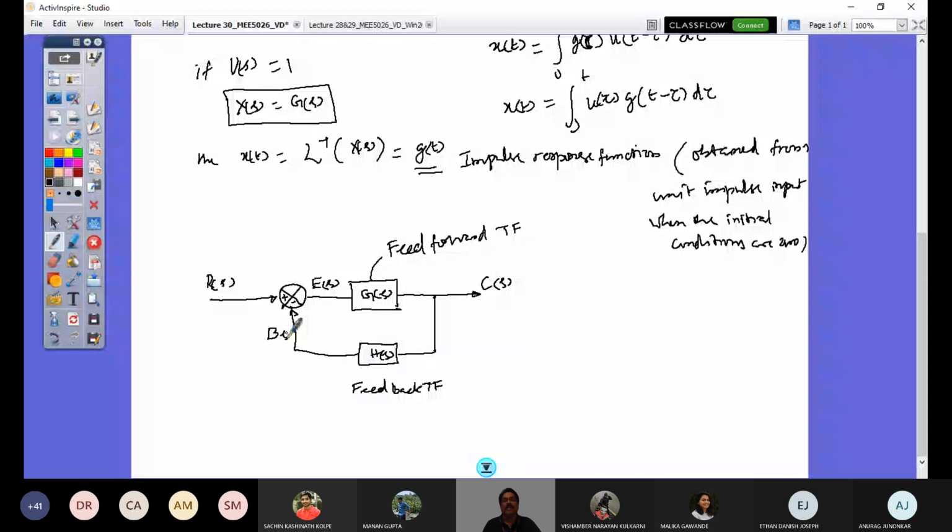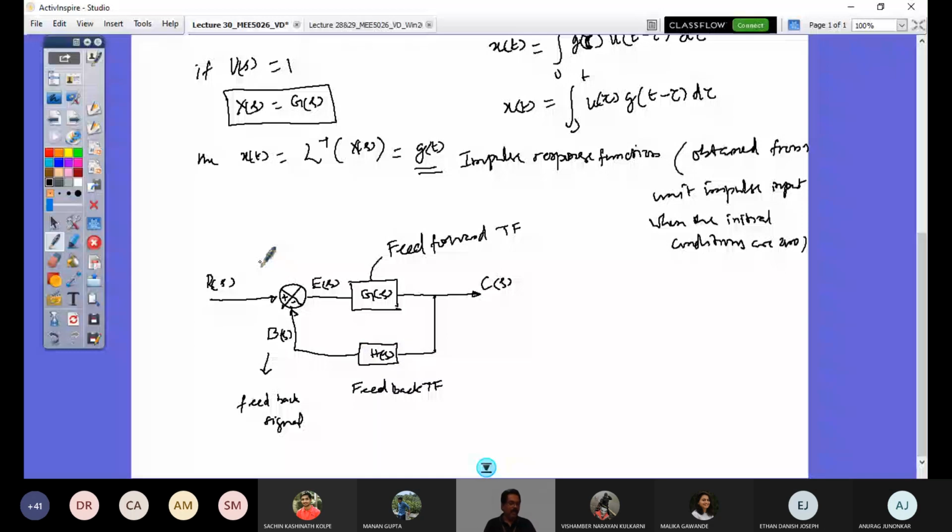The feedback signal is taken from the output, goes through the feedback transfer function, gets multiplied, and I get B of S. Now the difference of R of S and B of S is my E of S, and that goes again through G of S.